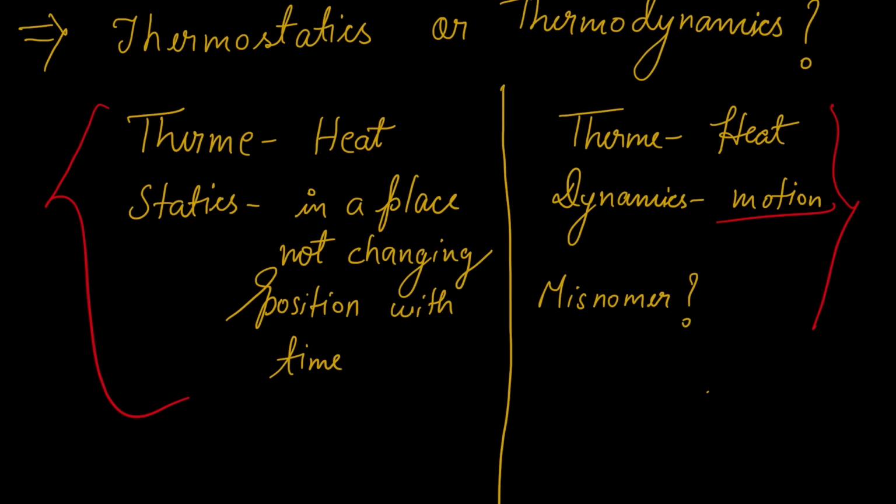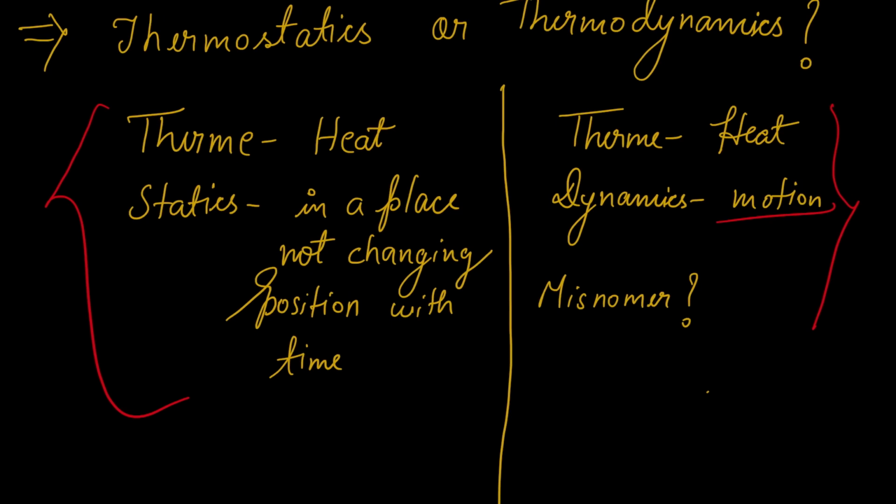So whenever we do a thermodynamic calculation, we always say that the system is in thermal equilibrium with its surroundings, right? It means that there is no mechanical non-equilibrium, there is no chemical non-equilibrium, there is no thermal non-equilibrium. That means it is in thermal equilibrium with the surroundings. So it's not changing its state. The system is not changing its state.